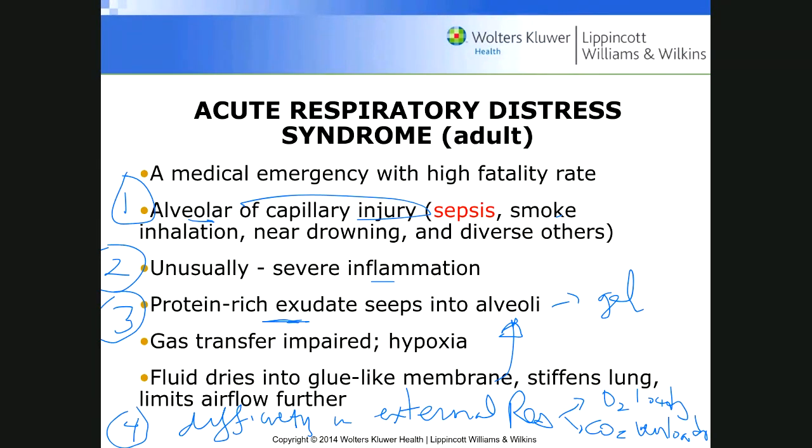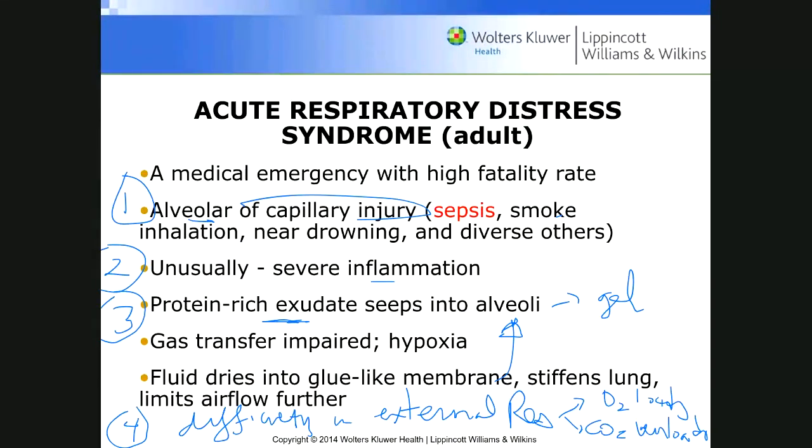Okay, good. Internal respiration is the gas exchange between the blood and the tissue.